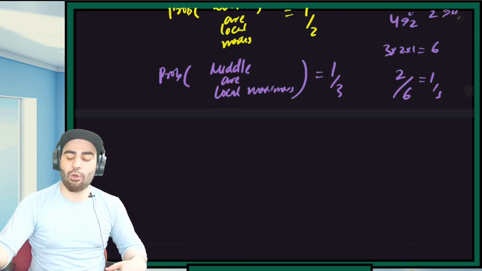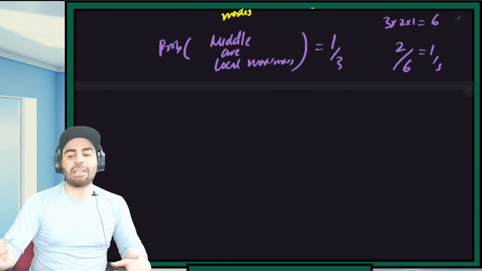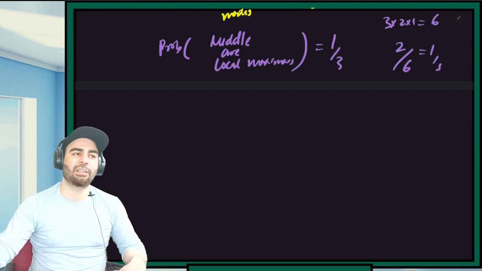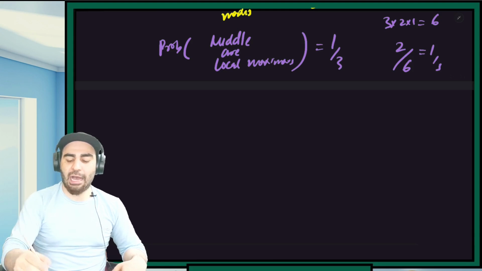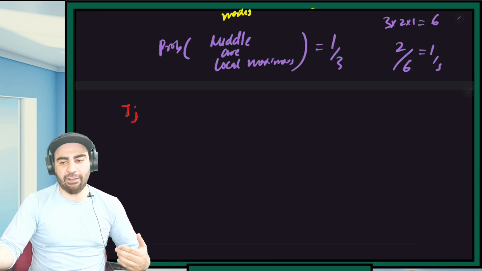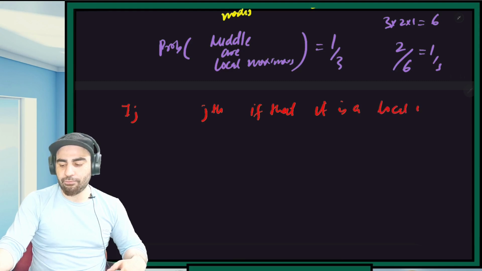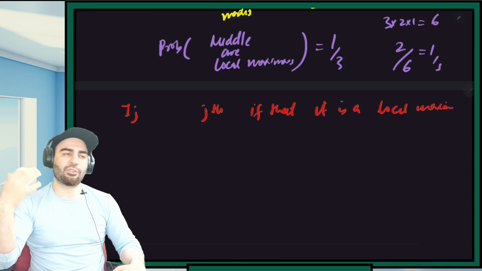Okay, so now you got these probabilities. Now what I can do is introduce an indicator random variable, which we have been doing a lot when computing expectation. Let's suppose I_j is an indicator random variable which says whether the jth position is a local maxima. It will take value 0 or 1 based on whether it is a local maxima or not.